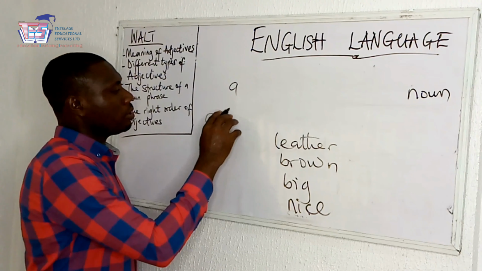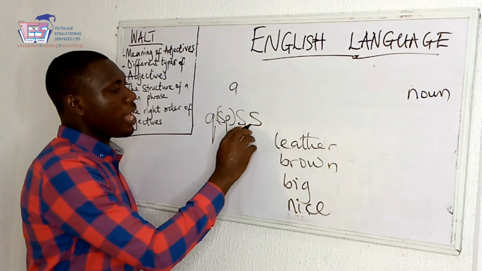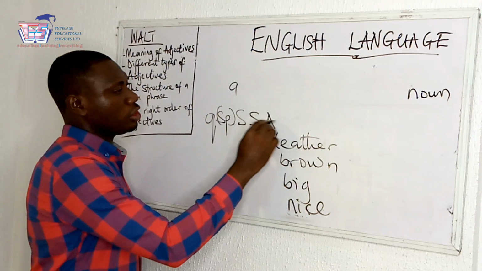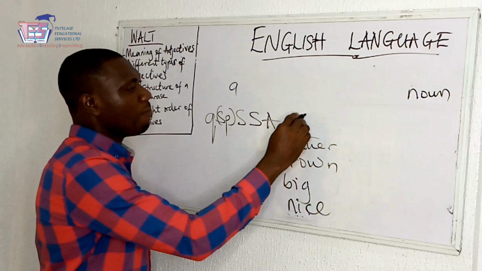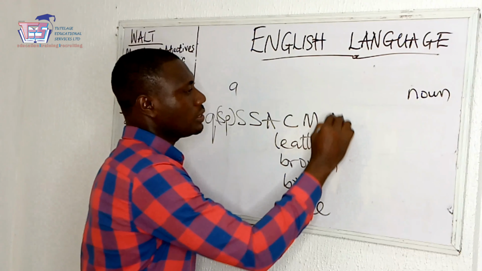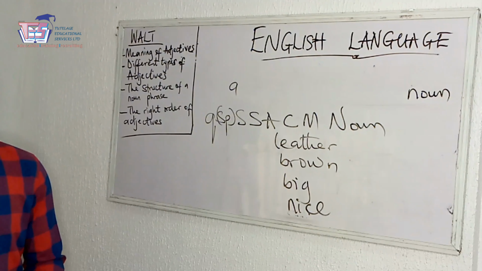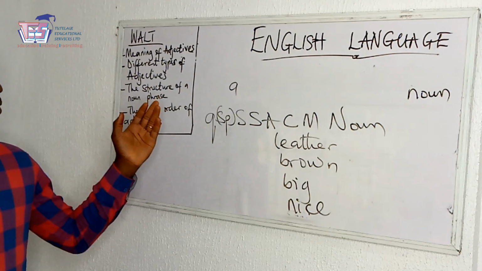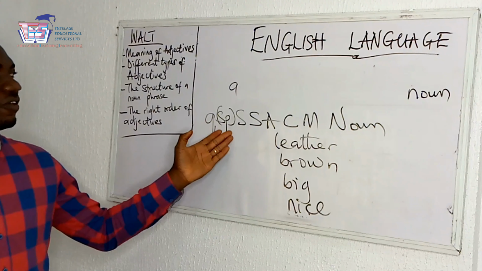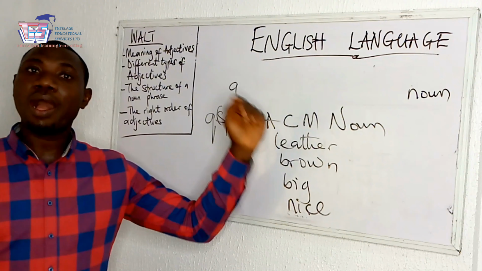Specific opinion comes next. Size, shape, age, color. If you have material, you go with it. Then you have your noun. So we have quality, specific, size, shape, age, color, material, and the noun.